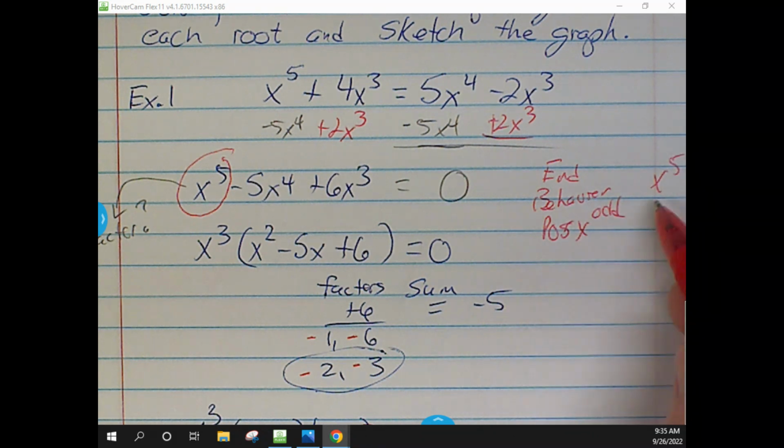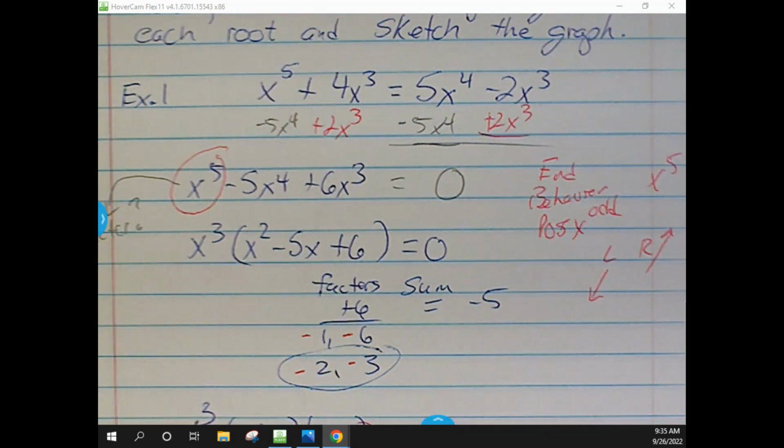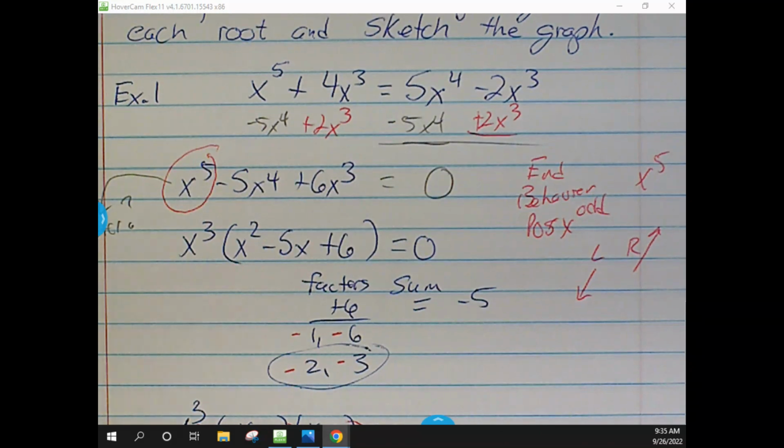It's a positive 1, x to the 5th power, so it's x to an odd power. So that's like the graph we had earlier. We know the right side is going to go up and the left side is going to go down. And if you didn't have that in your little 3x5 card that we made for the last test, then hopefully you can always go back for a quick reference on that one because that will help out.